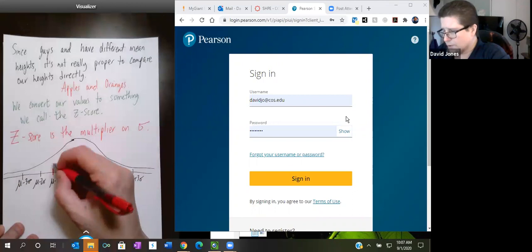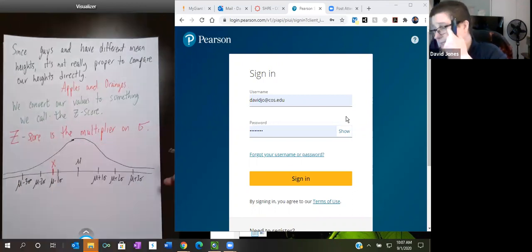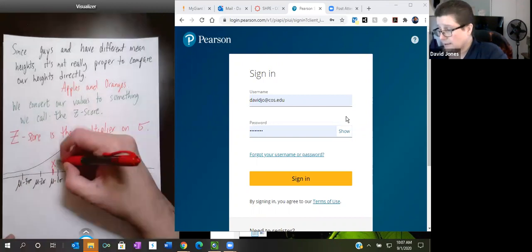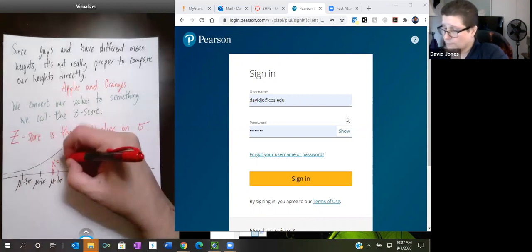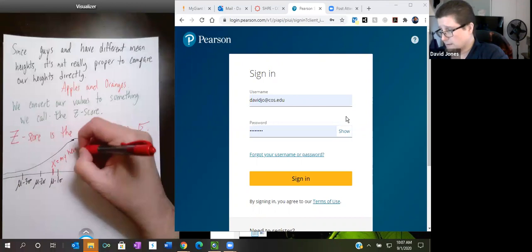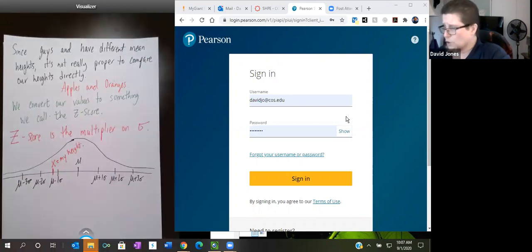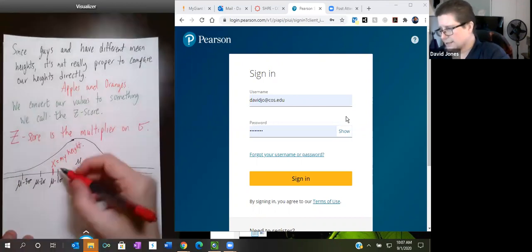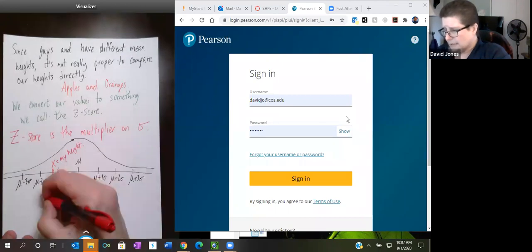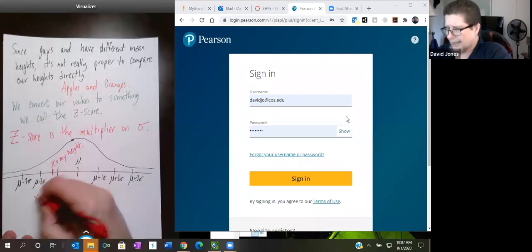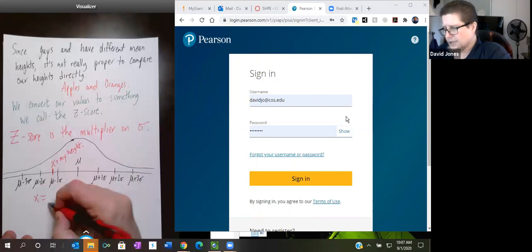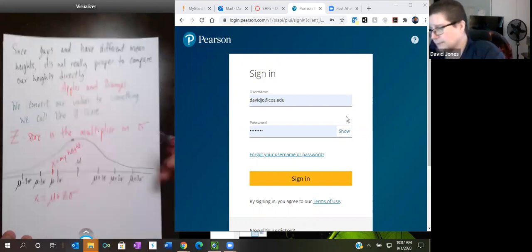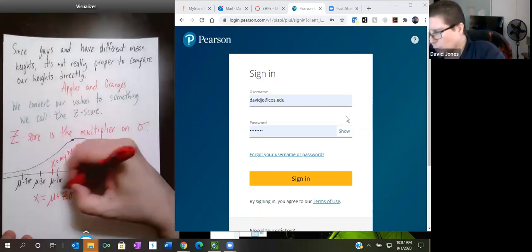This was Jones, and on my score is X. X equals my height. So what is my z-score? It's related to this mu. It goes like this: mu plus z sigma. I'm trying to figure out what this value is.